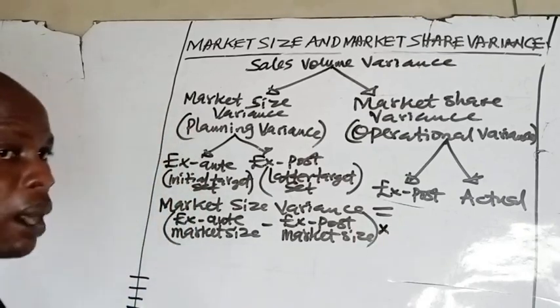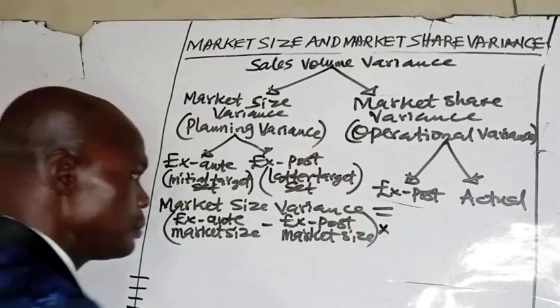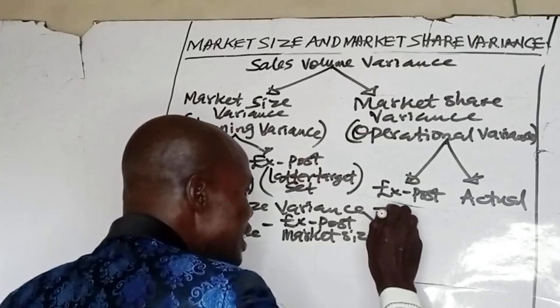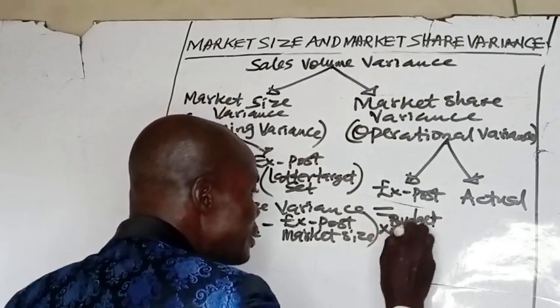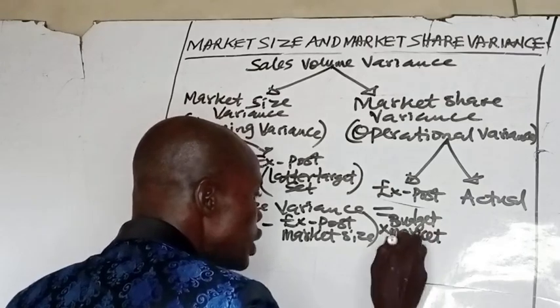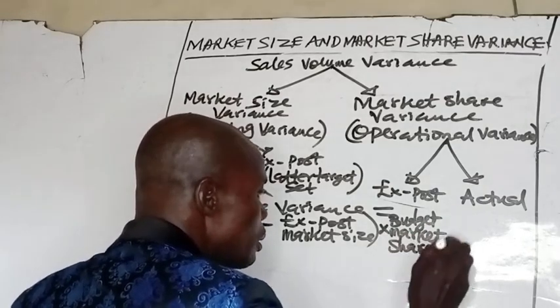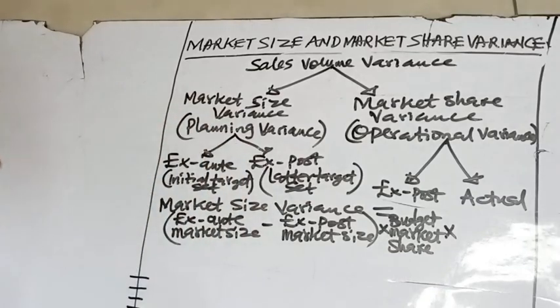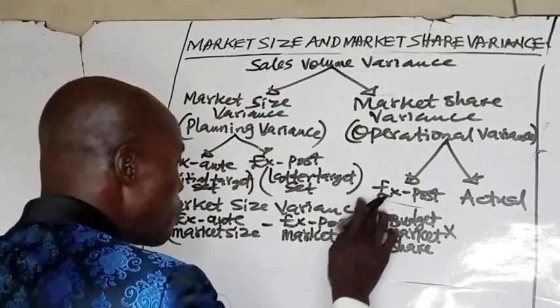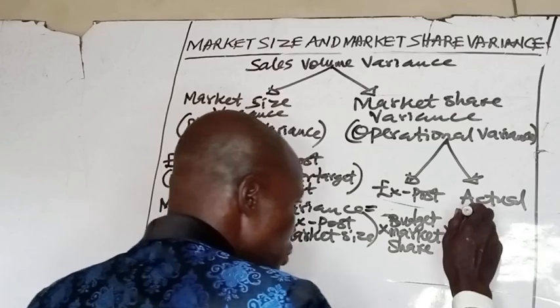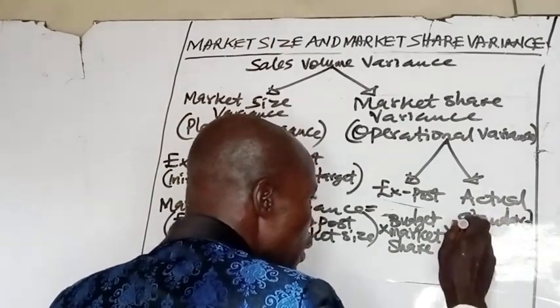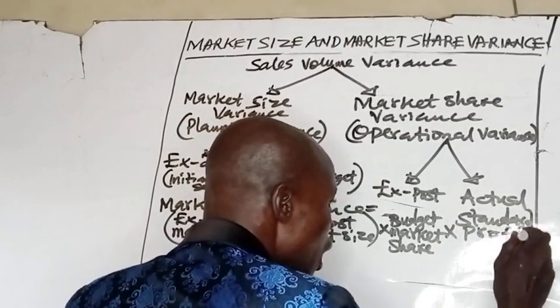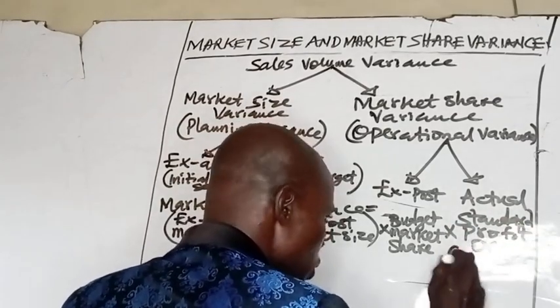times budget market share, multiplied by standard profit or standard contribution.